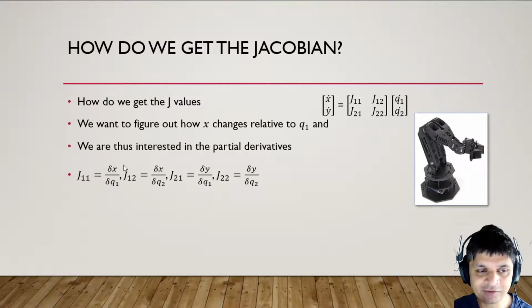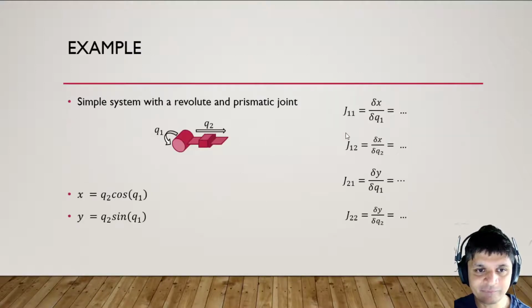Because that means how much a change in q1 causes a change in x. It's the change in x with respect to q1. Similarly, j12 will be the partial derivative of x with respect to q2, and so on and so forth. Okay. So I hope that made a bit of sense.